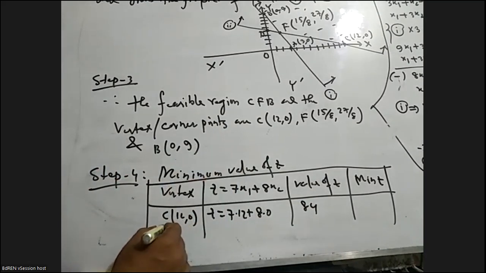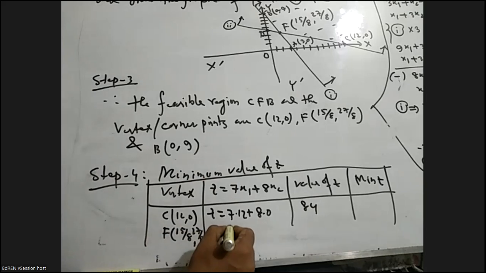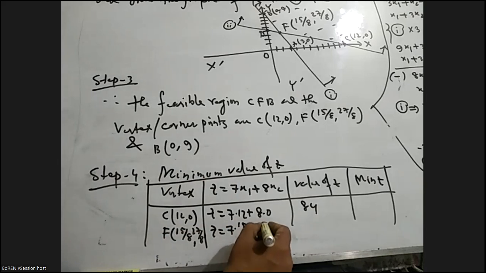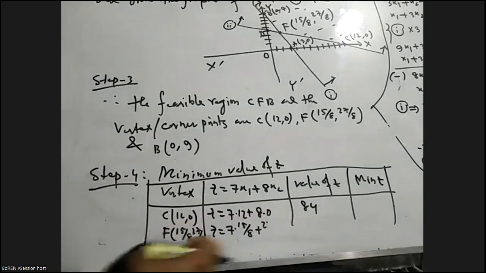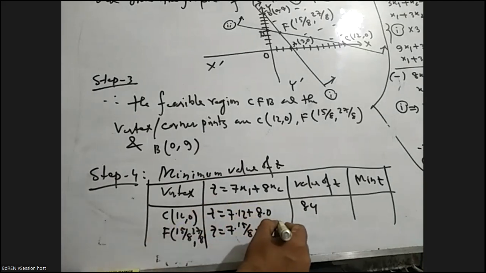Another point F: 15 by 8, 27 by 8. Z value will be 7 multiplied by 15 by 8 plus 8 multiplied by 27 by 8.